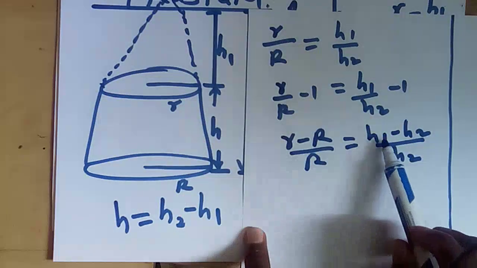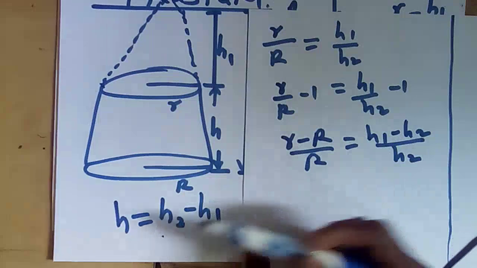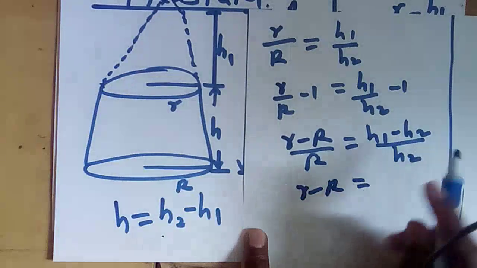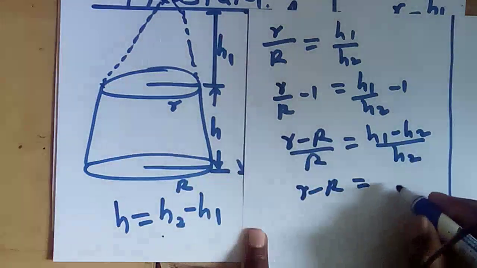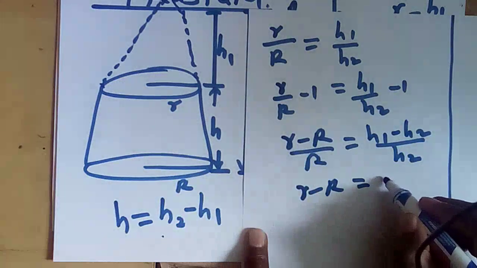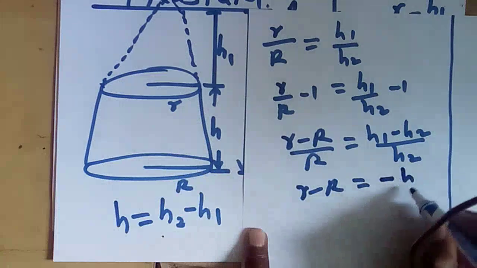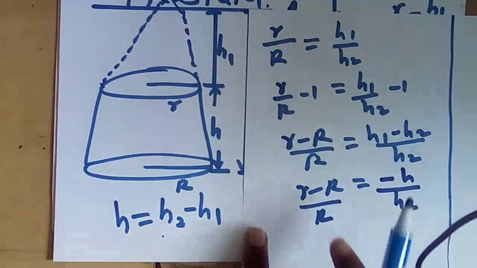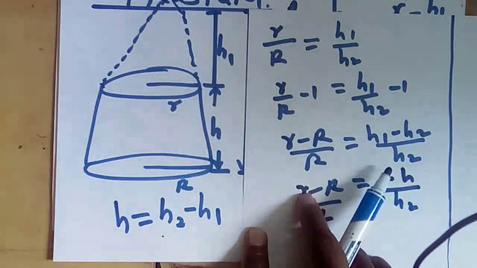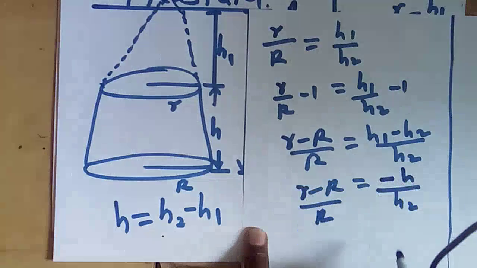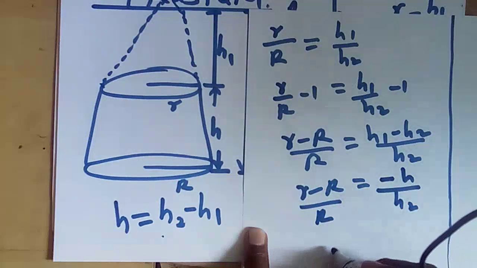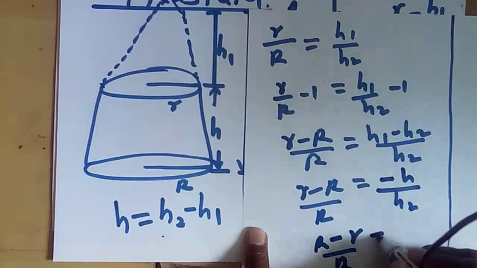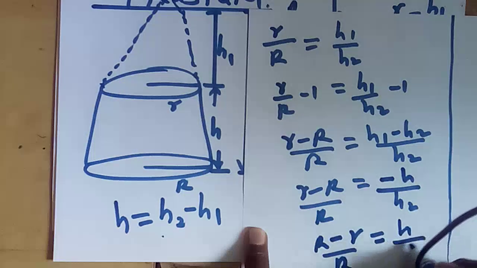Again, realize that h1 minus h2 is indeed negative h from here, and therefore I'm going to have r minus R equals a negative, because one is larger than the other, so this one is going to be negative h over h2 over R. But remember, this one will also give us a negative number. Therefore, I can interchange this one so that it cancels out. And therefore, I'm going to have R minus r over R equals h over h2.